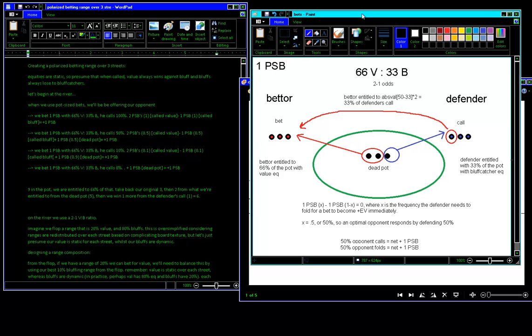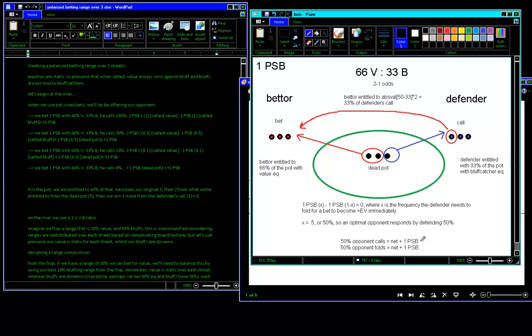Let's pretend that the other 50% of the time we bet and our opponent folds because they have a bluff catcher which they perceive as less than 33% equity compared to our betting range. So they correctly make a fold. We'll win the dead pot 100%, which is 1 pot size bet there. So either way, we're always netting 1 pot size bet.